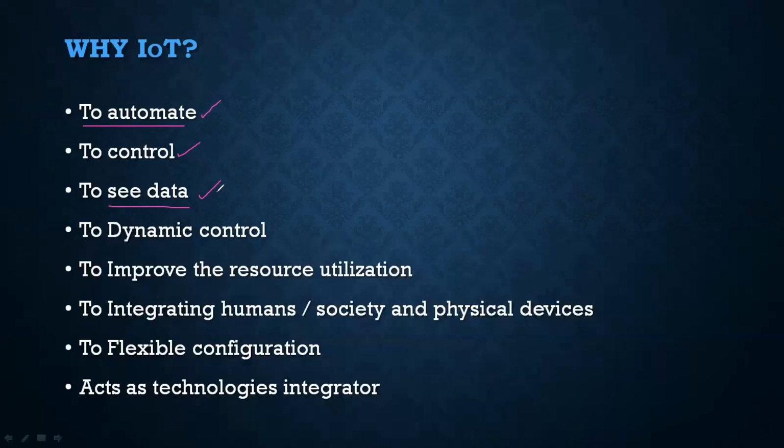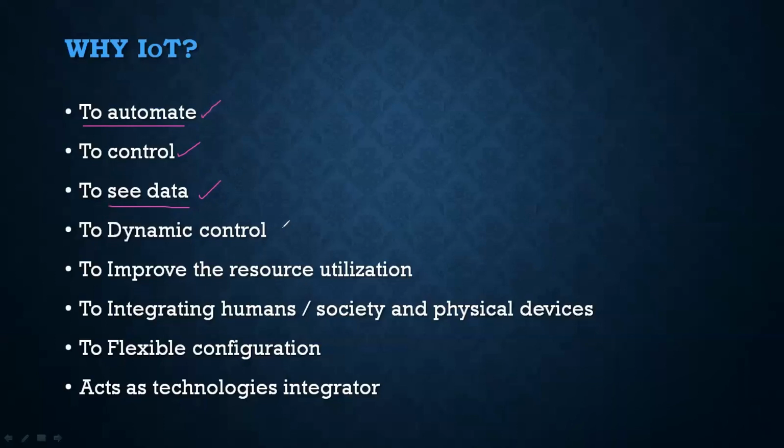All these statuses of that washing machine will communicate with your phone. So this data we can call real-time data. To see that data in real time, we use IoT.